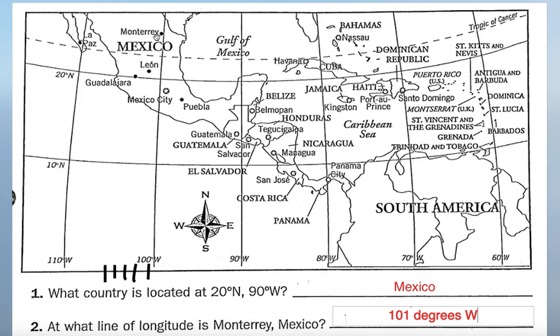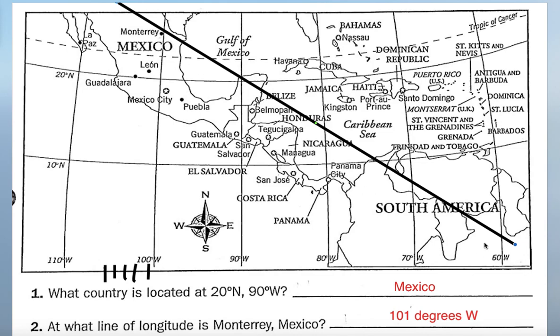But if you were to say Monterrey, Mexico is 60 degrees west, which is way over here, I would have to take a point off for that, because guess what? We know at 60 degrees west, the line doesn't curve like this. So there's no way that could be 60 degrees west. So we need to make sure we're looking at our lines of longitude, which go up and down, to figure that out.